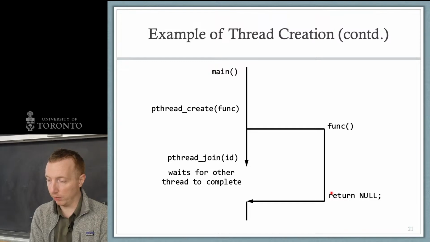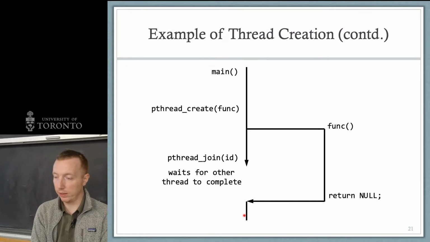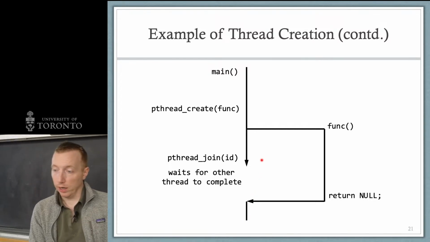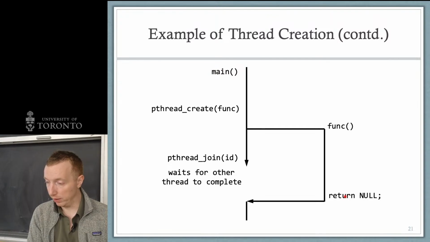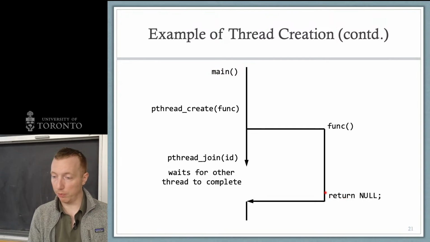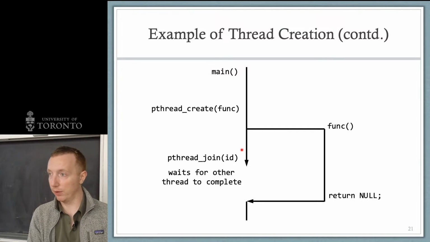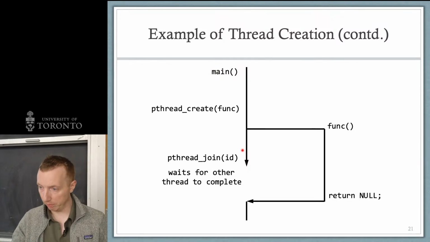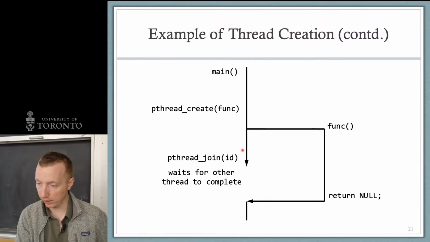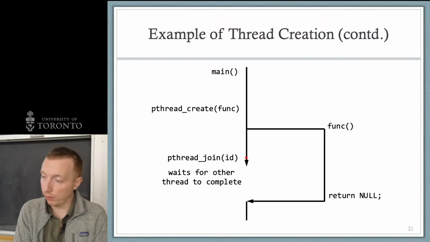So it would have a return null in there, and then the main thread would finally unblock and continue on its merry way. Could be the case where the function runs first, the thread terminates before main even starts executing, and then whenever main makes it to join, it would immediately return because that thread's already done. Order doesn't really matter in that case. It will only pass join whenever the other thread is terminated.